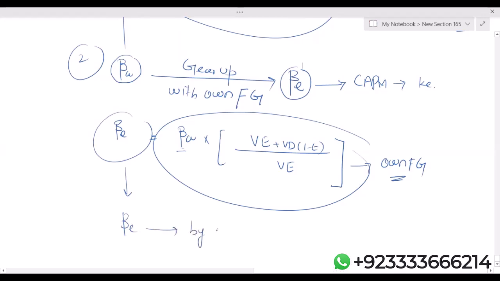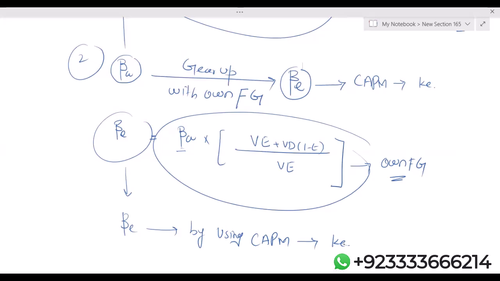Obviously, after calculating the beta equity by using CAPM, capital asset pricing model, we can easily calculate KE. So never forget the approach of calculating risk adjusted WACC in case of diversification. What is step number one? Step number one is to find beta asset of the new industry. How will you find the beta asset of the new industry?